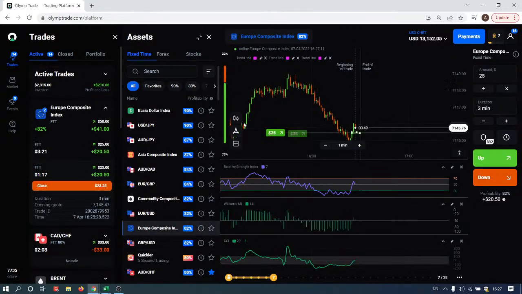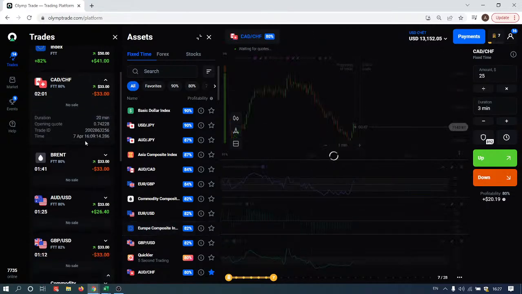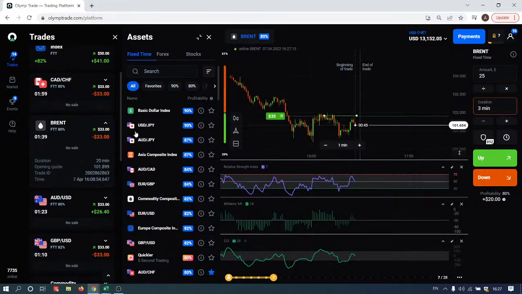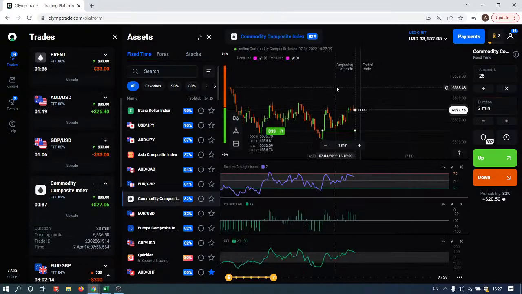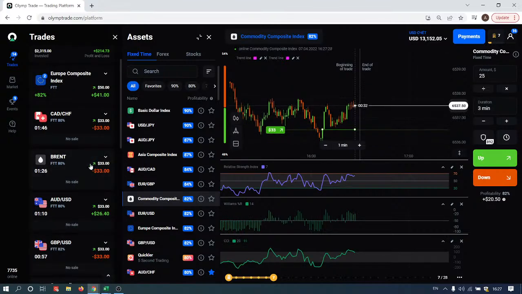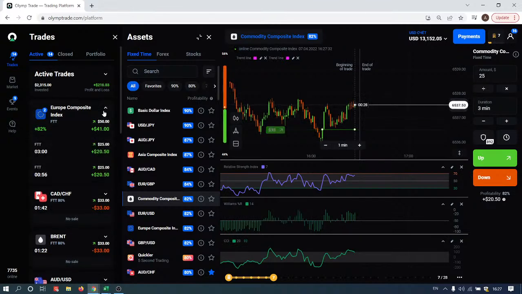I'm very interested in how they close, just to get an idea how well long-term trades work. Of course, you cannot really make any judgment based on 7 trades or however many I've opened. I think I opened like 7 trades here with this duration. Nevertheless, this is something we can work with.